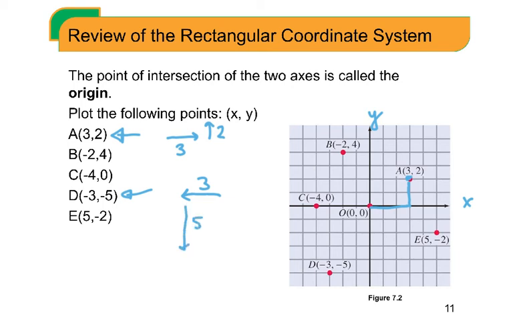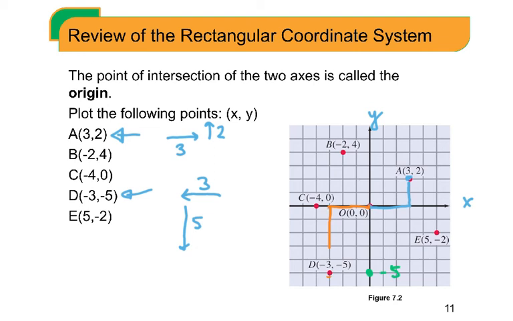So if I go to the left, let's use a different color, I'm sorry, how many units do I want to go to the left? 3. Go to the left 1, 2, 3 units and go down 5 units. I arrive at my destination, point D, where x is negative 3 and y is negative 5.